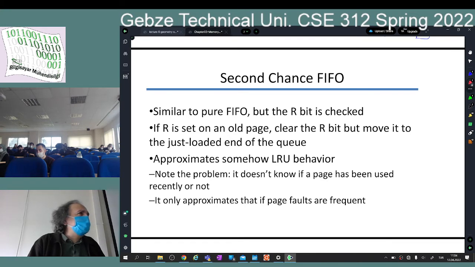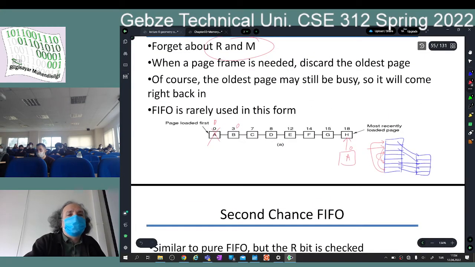Question for you: do I clear the R bits every time the clock interrupt happens in this case? No, definitely not, right? I am not clearing the R bits every time the clock interrupt happens, because if I do that, it's meaningless. Most of these would turn out to have R bits of 0 at the end.